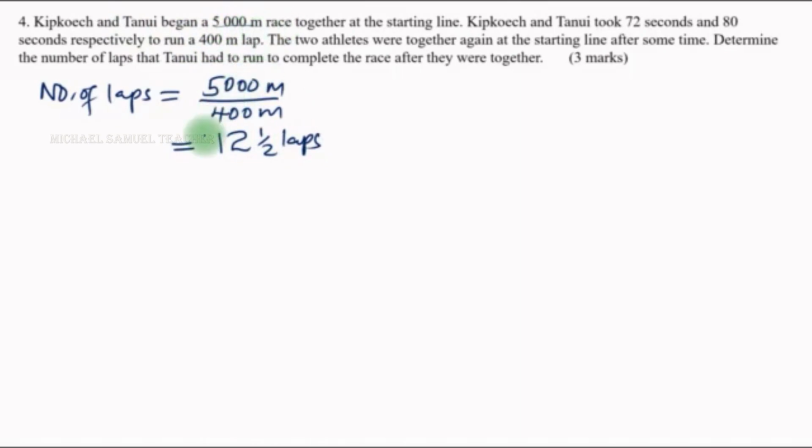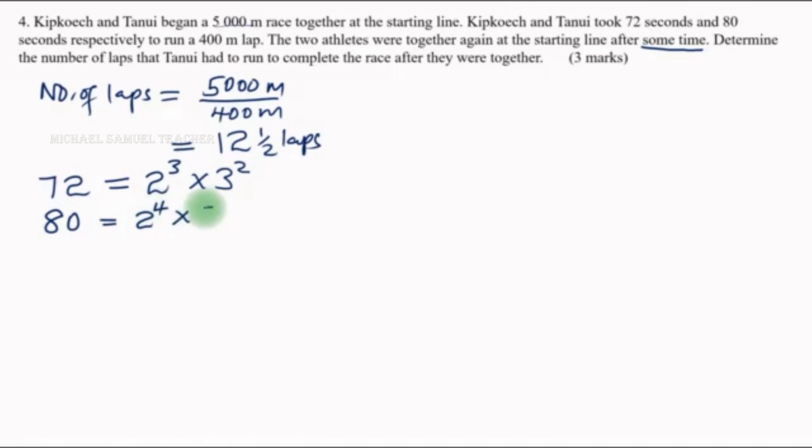Now, after some time, they meet somewhere. So we actually need to find the LCM of 72 and 80. So 72 can be written as 2 raised to 3 times 3 squared, and 80 written as 2 raised to 4 times 5.